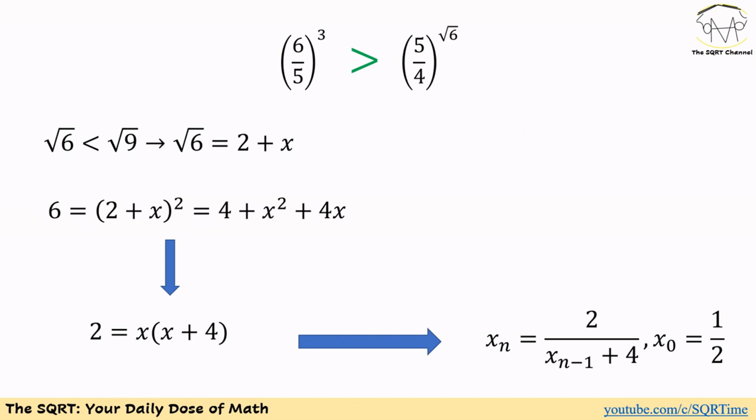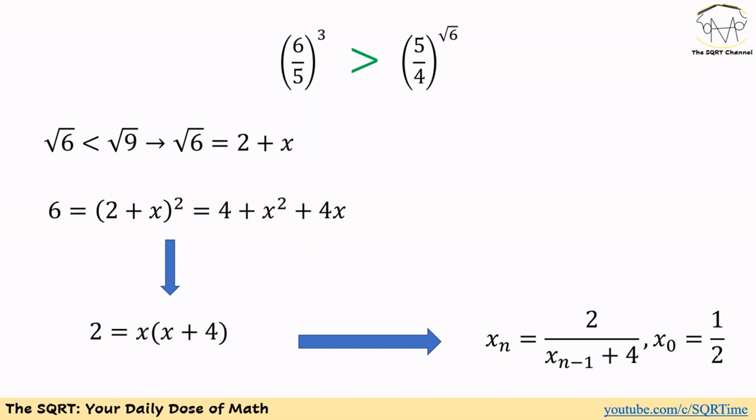Now we need to prove that (6/5) to the power of 3 is greater than (5/4) to the power of √6. Remember, √6 is less than √9, so we can write it as 2 plus x, and we are going to find out what x can be. Instead of doing that, I'm going to take the power of 2 of both sides. On the left hand side we will have 6, and on the right hand side we will have (2 + x) to the power of 2.